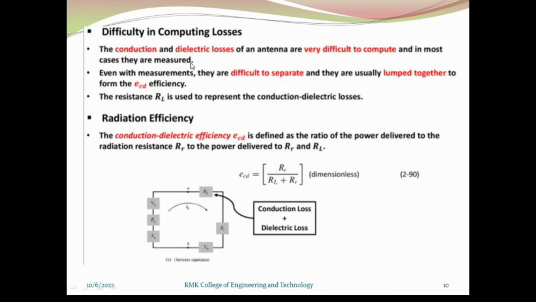Here we calculate the efficiency of the transmitted power by taking Rr by RL plus Rr, that is the ratio of power delivered to the radiation resistance to the power delivered to Rr and RL. If we take this ratio, we get the radiation efficiency, equal to Rr by RL plus Rr, right?